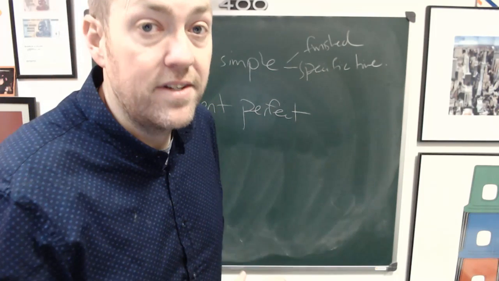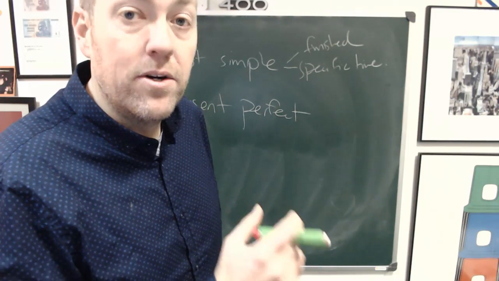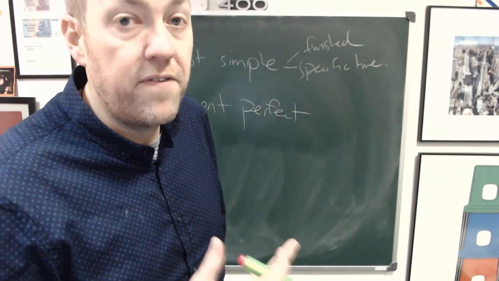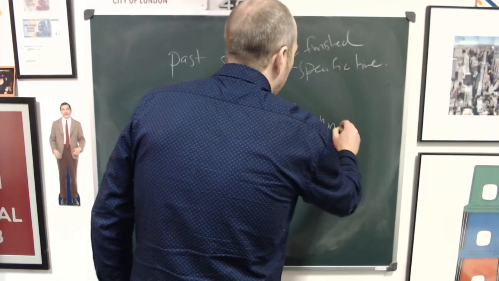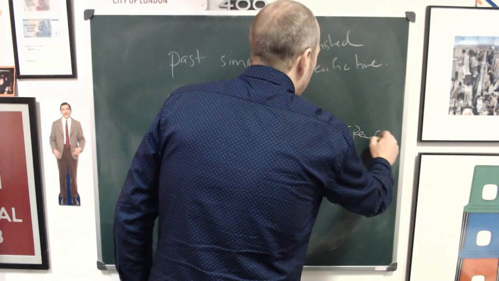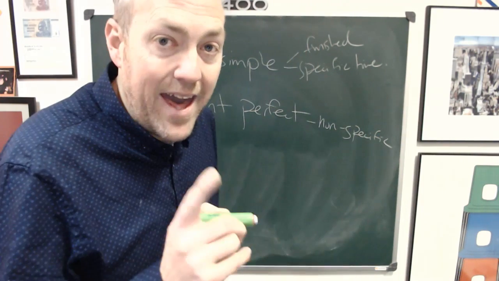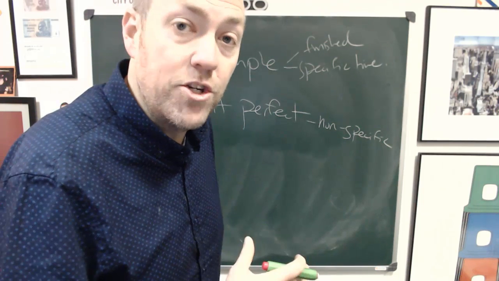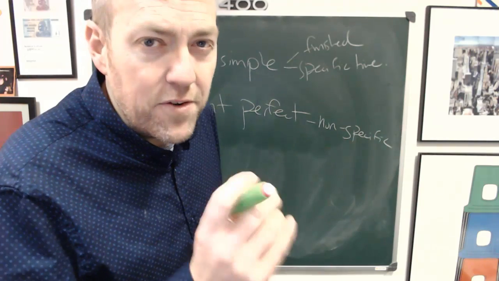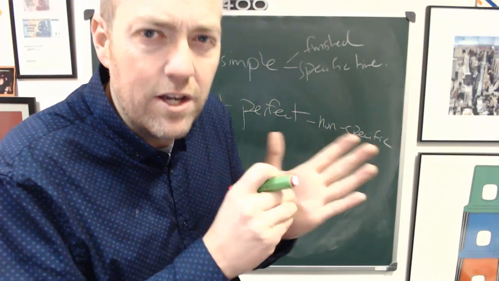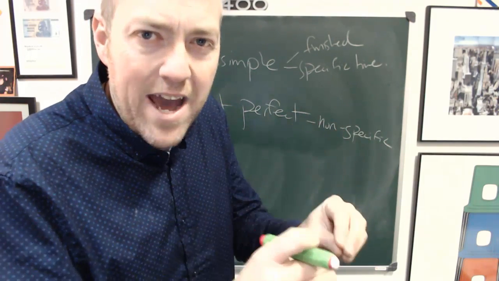Present perfect is different, okay? Because present perfect refers to a non-specific time. And it could be a finished or a not finished action. The difference is that it is strongly related to now.